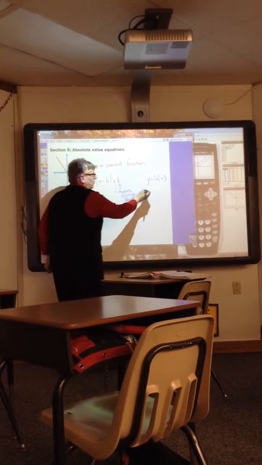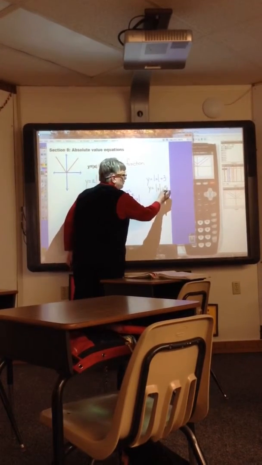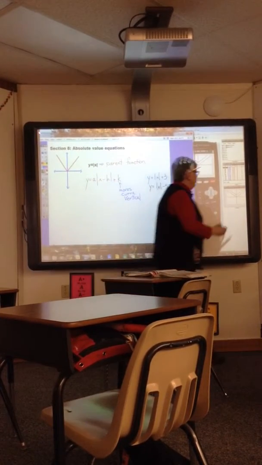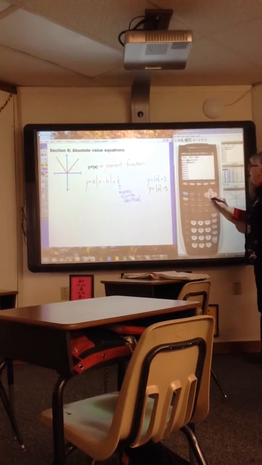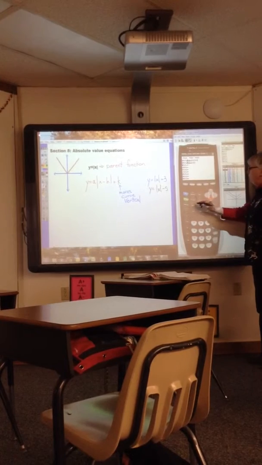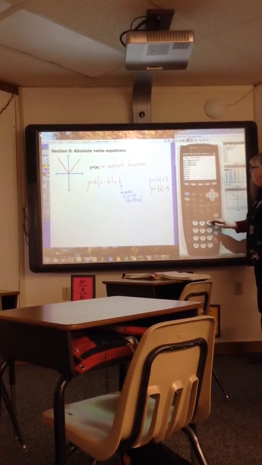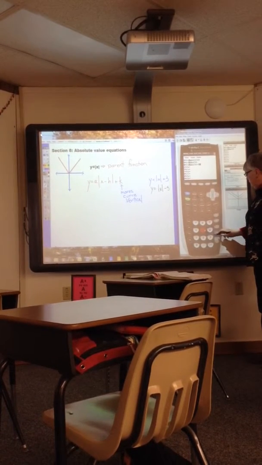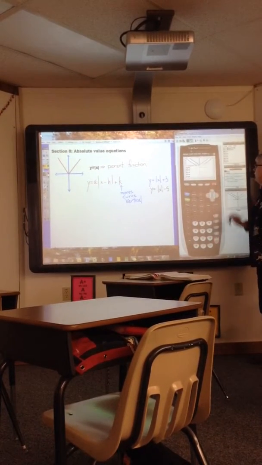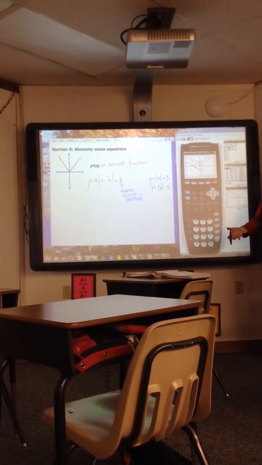If you go back to your calculator and type this one in, would you expect it to be down 5 units? Can you see that it just dropped 5 units?